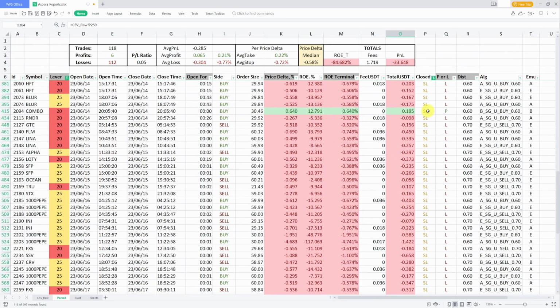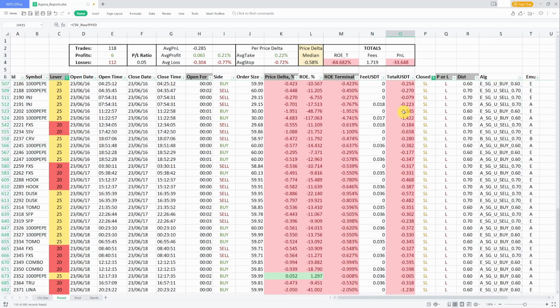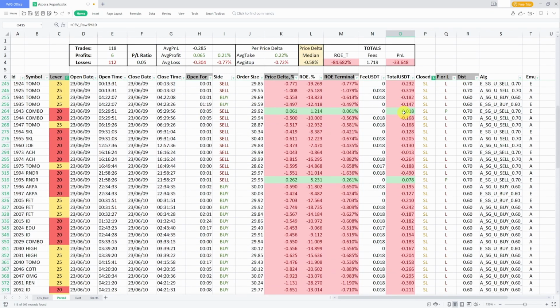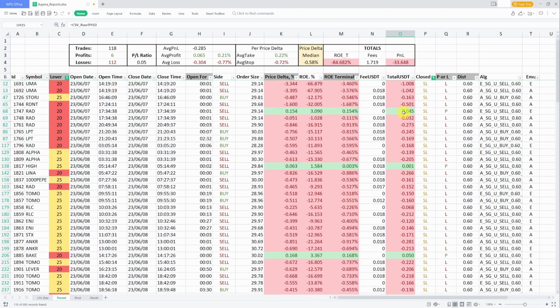How does that happen? It's stop loss, but it's actually a profit. I have an idea it has something to do with mark price and the way stop losses are executed, but that's for another time. So this is not really a solid indicator for whether the trade has been profitable or not.